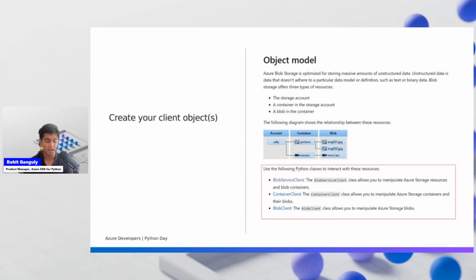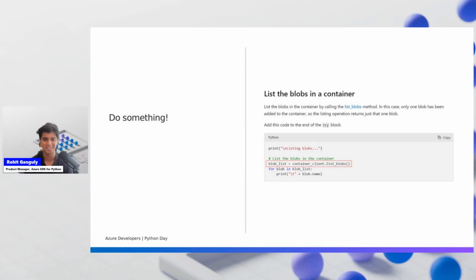So now that you have the permissions, you have your identity verified, and you have the client to do something with, the next step naturally is to do something. For example, we have this example code here from one of our quick starts. You can see in this squared off section, we have our container client. So then we can do something like list blobs.